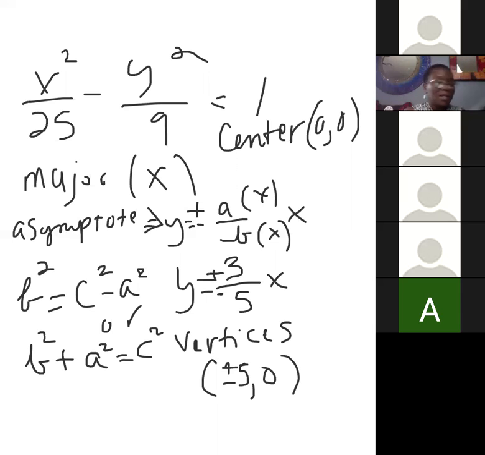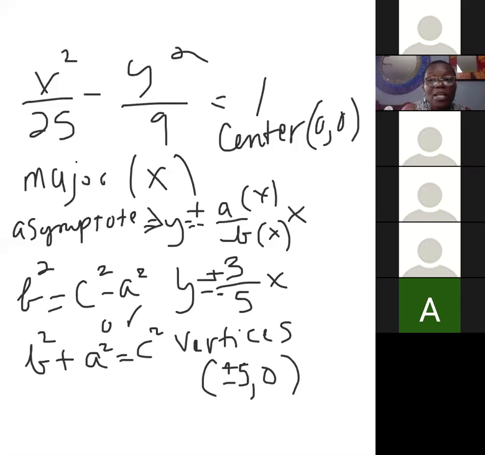Okay, go ahead, Lee, ask me. For the asymptote, it doesn't matter which one's the major axis when you find the asymptote, right? Okay, when you're finding the asymptote, Lee, the way you think about it is this: slope. Slope represents a rise, a vertical change over a horizontal change. So at this point, it really doesn't matter which one's the major, which one's the minor.